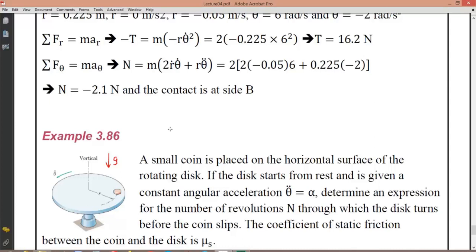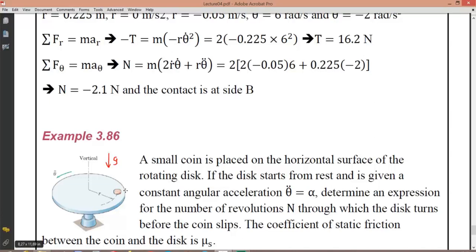Now we're gonna apply a different approach here, because throughout this motion up to this n amount of rotations where the coin will slip, the acceleration in the normal and then the tangential, or as this is a fixed axis rotation, we can also use the r theta components, the polar coordinates.